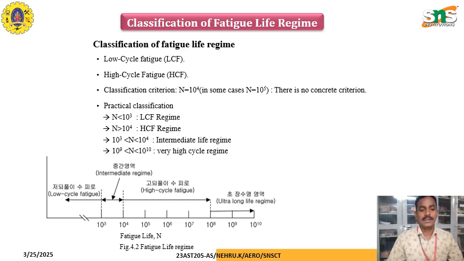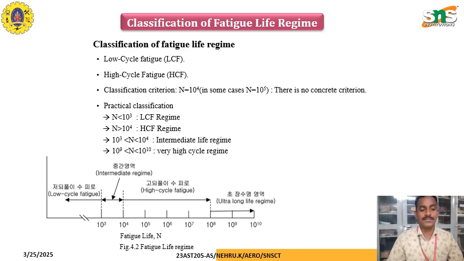The classification of fatigue life regime: one is low cycle fatigue, that's LCF, and the other is high cycle fatigue, that's HCF. By the classification criteria, when the number of operating cycles is 10 to the power of 4 and below, we call this low cycle fatigue. In some cases, 10 to the power of 5 and above is called the high cycle region. Practical classification: N less than 10 to the power of 3 is the low cycle region, N greater than 10 to the power of 4 is the high cycle fatigue region, 10 to the power of 3 to 4 is the intermediate life region, and 10 to the power of 9 to 10 is the very high life cycle region.